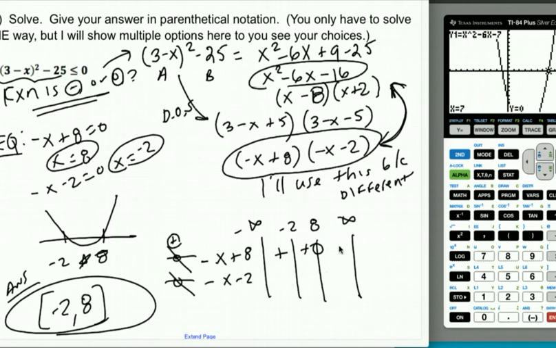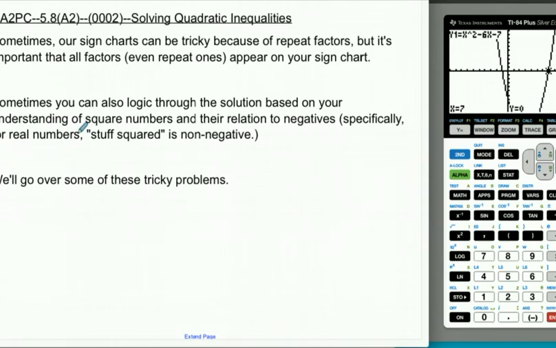And then this one is going to be the exact same situation. It's going to be positive before it crosses the axis and then negative. And you'll see that my product, I'm just going to write product because I'm low on space, is going to be positive, negative, positive. So this is my winner. So the window is the same. Again, either of those are fine ways to do it. It does not matter to me which one you pick. I just wanted to show you that you have different options. And our next one is our next video.